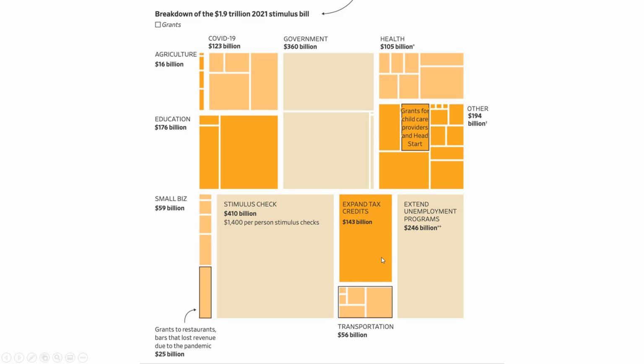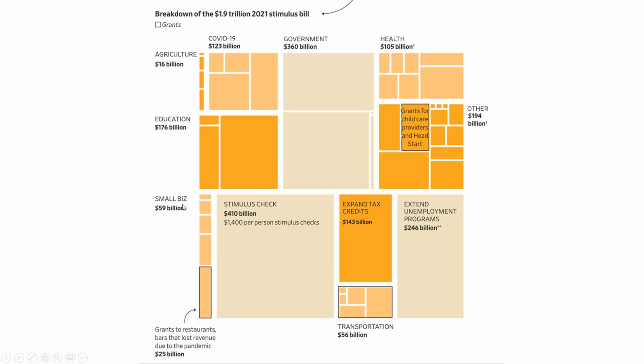There's some expanded tax credits for childcare, and that is an important thing. When we look at transportation, $56 billion, that's a fair amount. A lot of that does go to the airlines. It's also for providing transportation in rural areas.